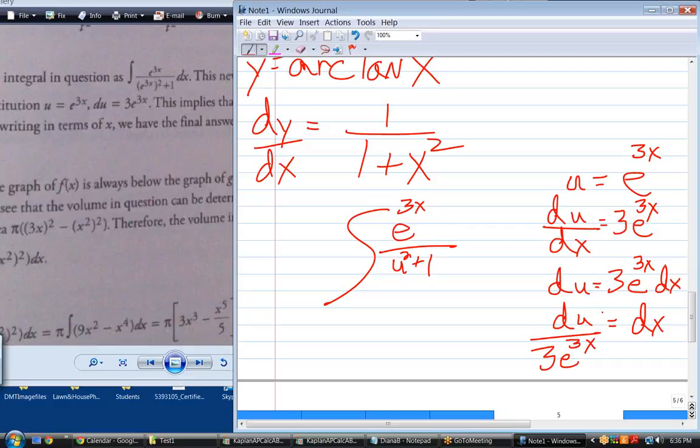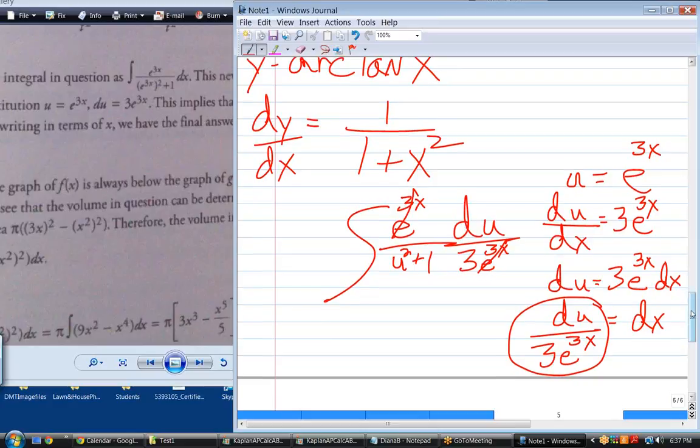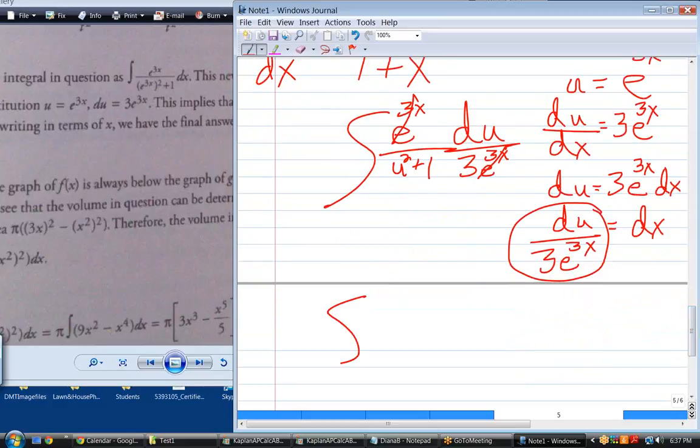And what is dx? Dx is this. And I can write it like that. du over 3e to the 3x. And now, through the miracle of substitution, the x's go away. That cancels with that, and I'm left with an integral that's completely in u, which is what I want. I can only integrate if it's completely in u.